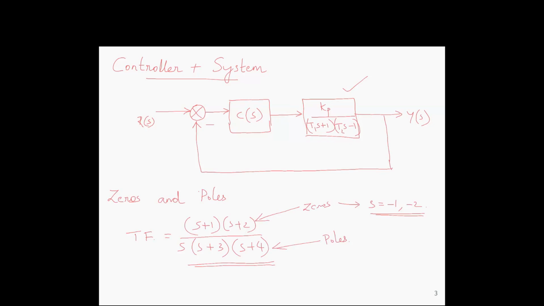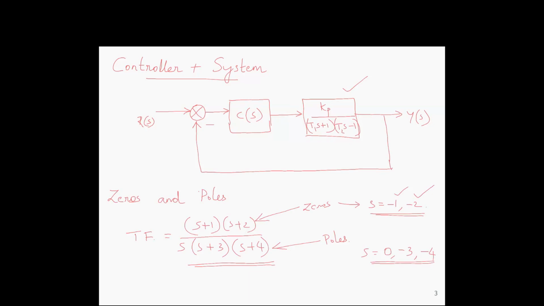Similarly, the poles of the system are, when you equate the denominator to 0, you will get the roots as s equal to 0, -3 and -4. So these are the poles of the system. At s equal to -1 and -2, we get the entire transfer function as 0.